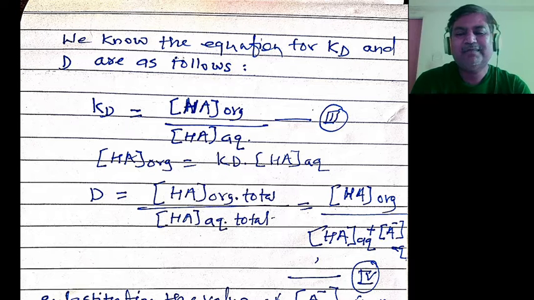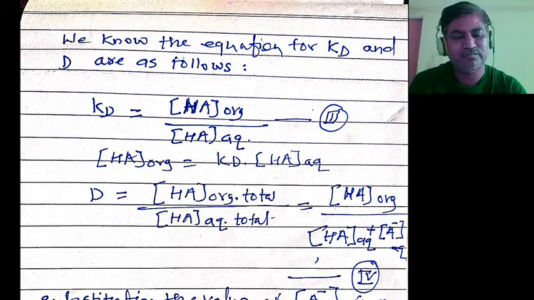This ratio is nothing but the distribution coefficient. We have given this equation the number 3. The same equation can be rearranged for weak acid in organic phase equal to Kd into HA in aqueous phase. This is about distribution coefficient.